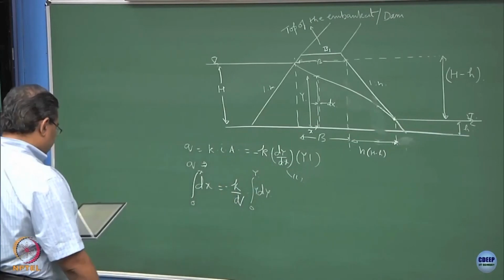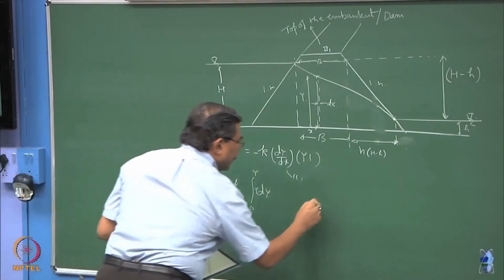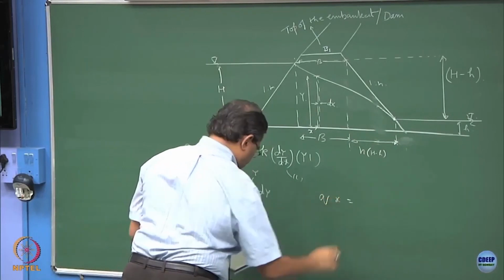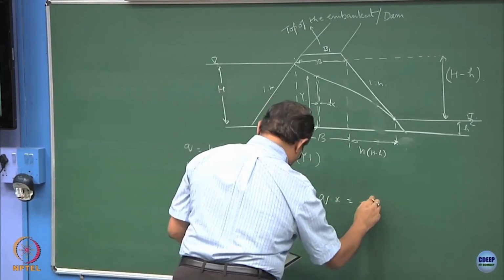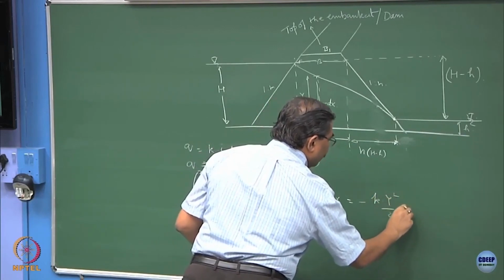If you solve this expression, you will be getting q into x equal to minus k y square upon 2 plus c.